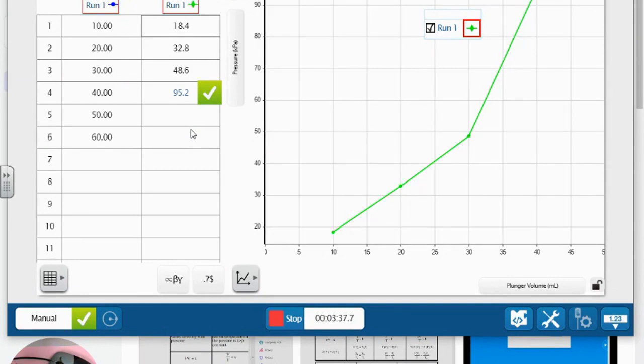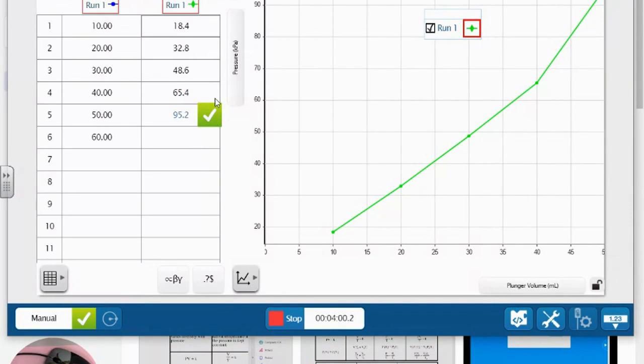There we go. 40 milliliters of air in there now. Once again, we're pulling it all the way back to 60. It's getting a little easier to hold, so I can probably hold it with one hand right now. Like so. And click.